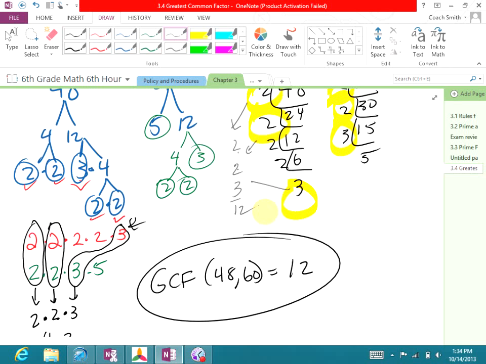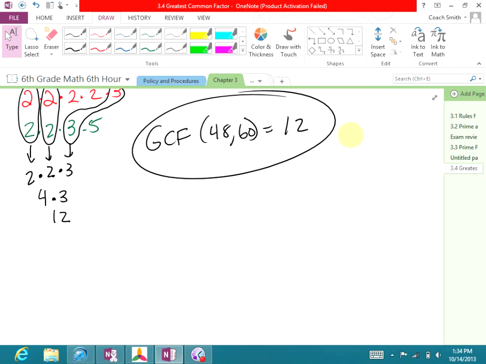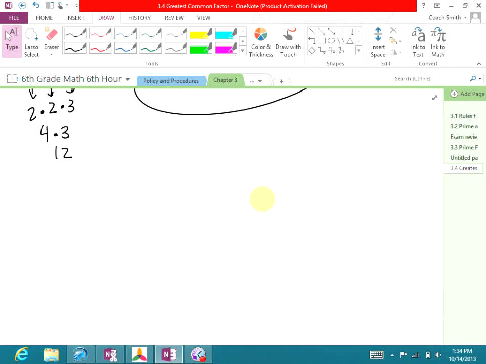Okay, now, here's what happens. A lot of these have 12 as their greatest common factor. Here's what happens when you have three numbers: 12, 18, 42. Okay, when you have three numbers, you still prime factor them.